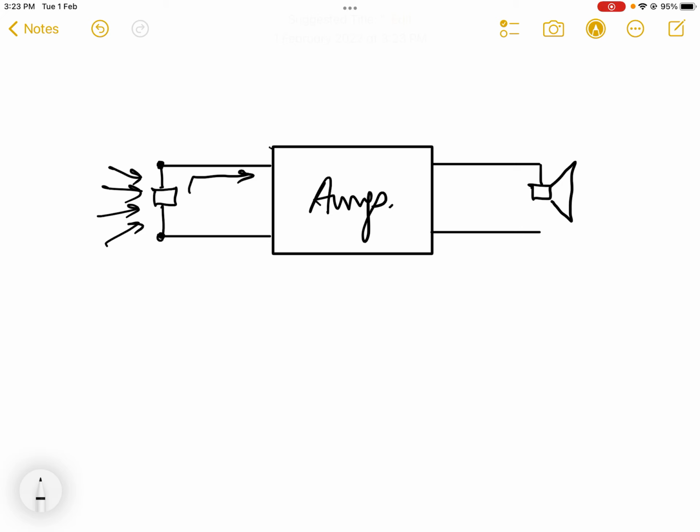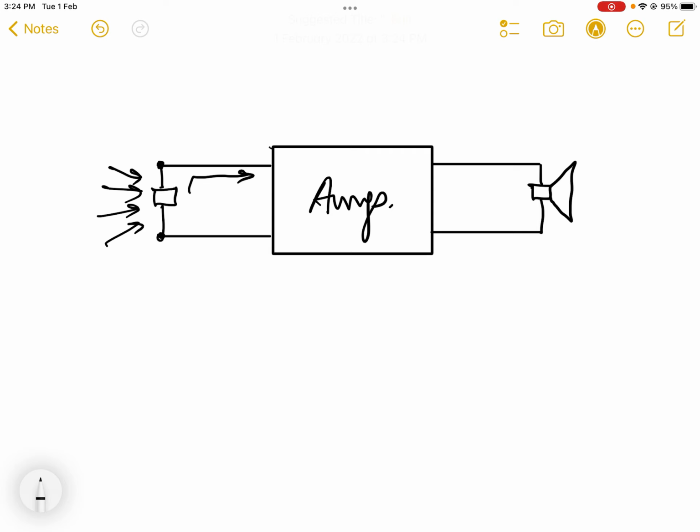Speaker is exactly the opposite type of transducer with respect to the microphone. Speaker converts electrical signals into proportional sound signals. We have studied these two transducers in the third chapter, transducers.